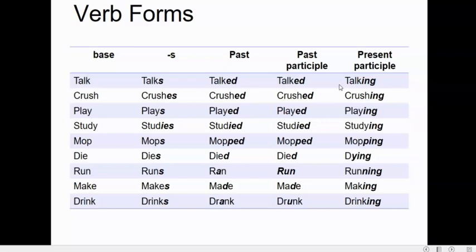So verbs communicate temporality, meaning time. So we can have a graph, a line indicating different times in history, and we can express how it is that the idea that we want to communicate occupies the different spaces within that graph.